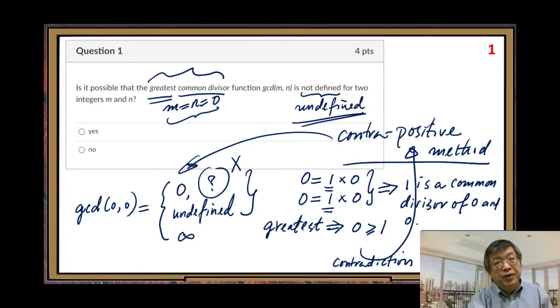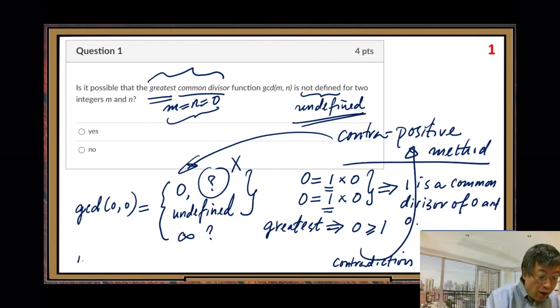Another case I want to explain is the infinity case, because some people may feel that it could be infinity. Why do those people think it could be infinity?